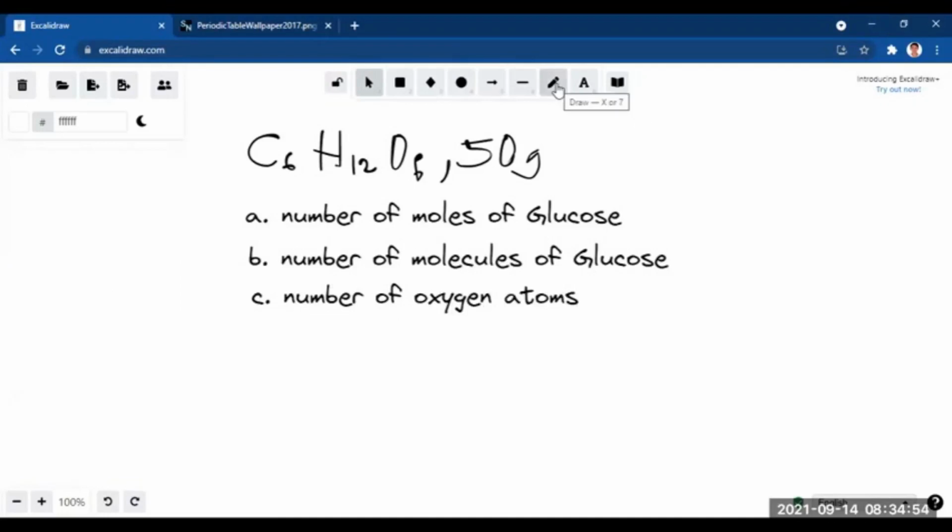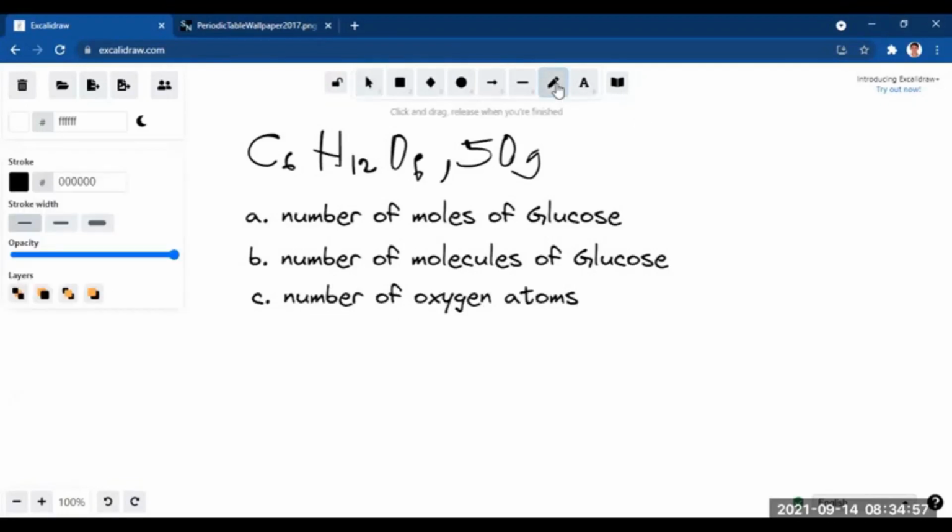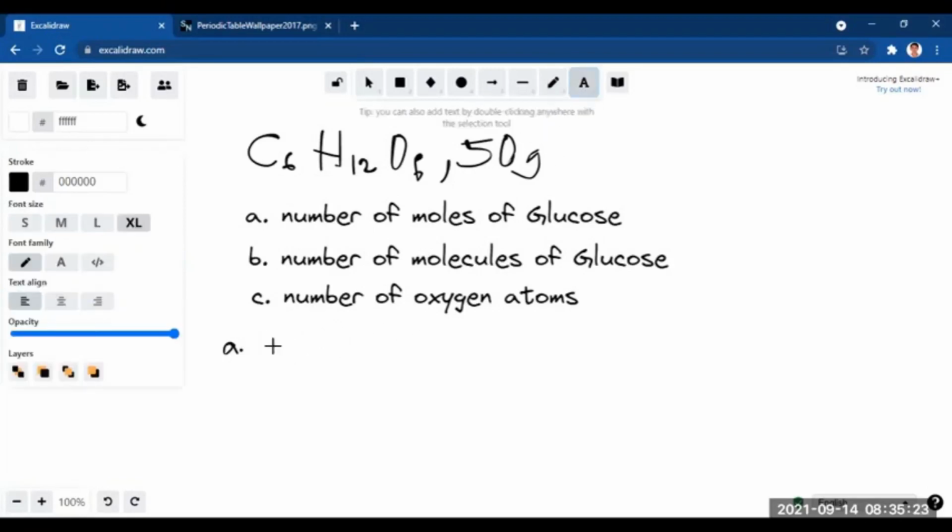Okay, let's start with letter A. So the number of moles of glucose. Of course, the first step will be to solve first for the molecular or rather molar mass. Okay, letter A. We have 6 carbon atoms, 12 hydrogen, plus 6 oxygen.